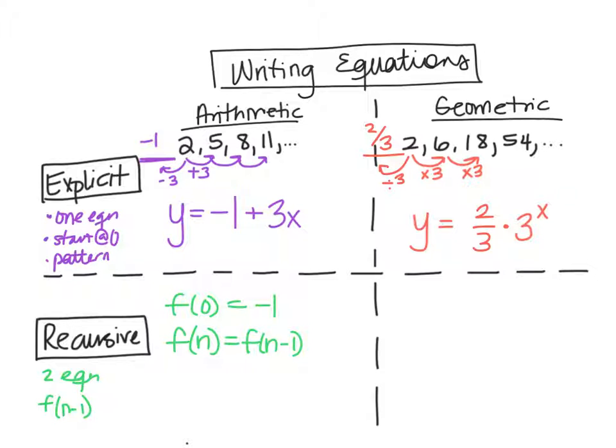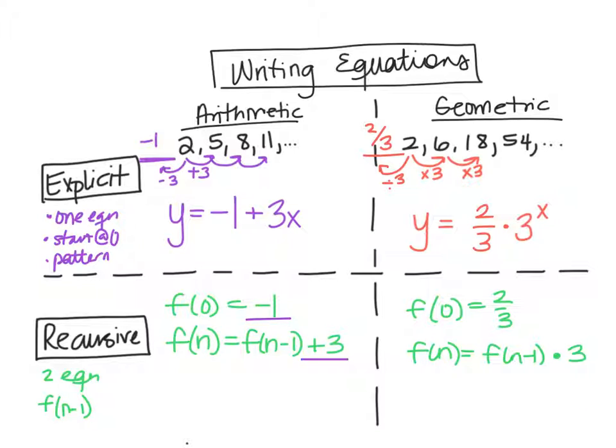That's negative 1. And then for f of n minus 1, the pattern is to add 3 every time. So notice in this one, we just list them in 2 separate places. Now recursive for geometric is really easy because it's pretty much the same thing. F of 0 equals 2/3, and f of n equals f of n minus 1, except this time the pattern was times 3, so I'm going to write times 3.